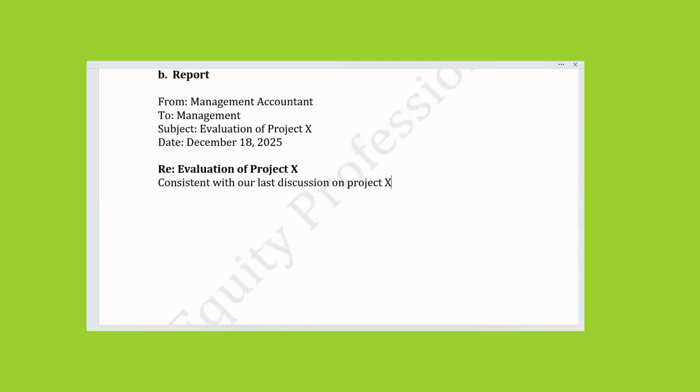So I can say, consistent with our last discussion on Project X, the financial and economic viability of the project has been ascertained using relevant costing.